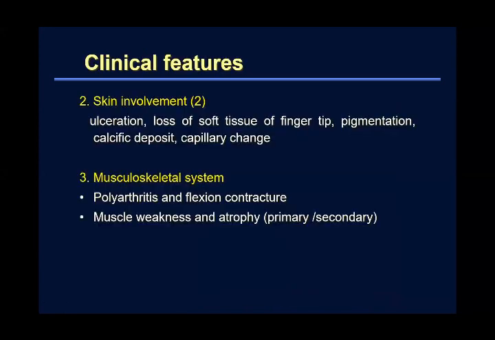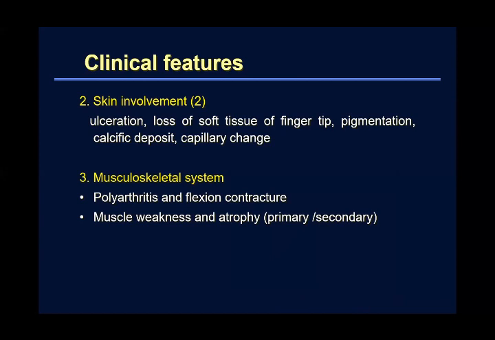So skin involvement, as I told you, sometimes leads to ulceration, loss of soft tissue, fingertips, pigmentation, calcification, and there is capillary damage. So this is an inflammatory and chronic disorder that can lead to ulceration, loss of fingertip, and because of recurrent ischemia, hyperpigmentation, depigmentation, or there may be calcific deposits and capillary damage because of the intimal overgrowth and fibrosis.